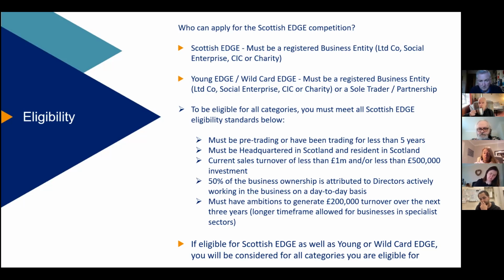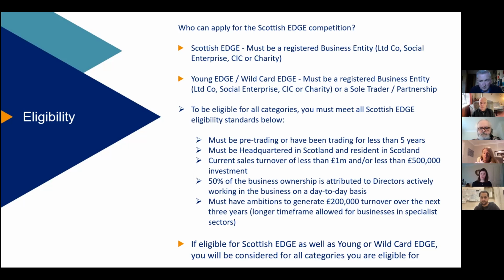So businesses that are placed to sort of start up and grow the business, we will hopefully do what we can to help you. And in terms of the ambitions of the business, you must have ambitions to generate more than £200,000 of turnover over the next 3 years. And that's a sort of combined period. So it doesn't mean by year 3 you're doing £200,000 a year.